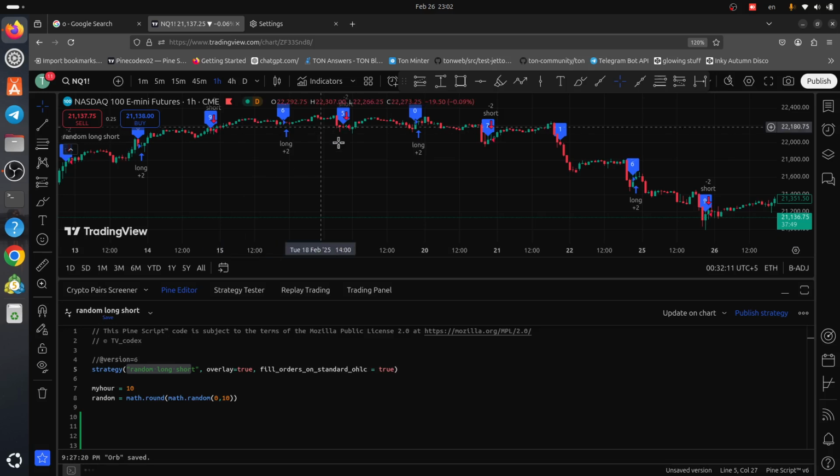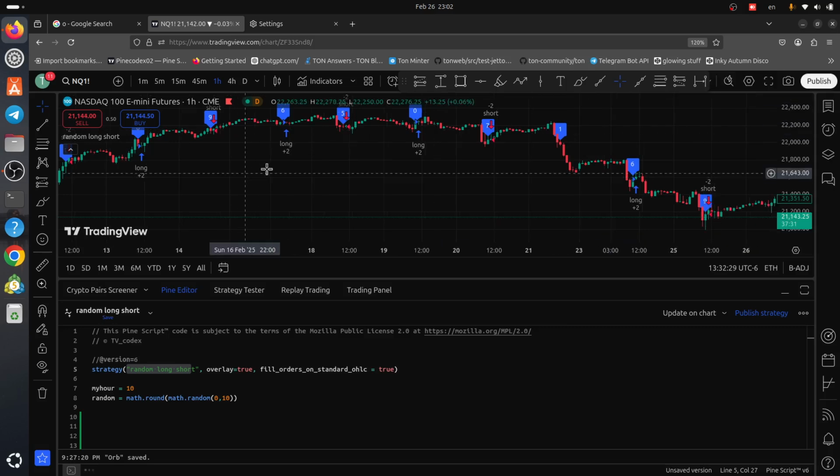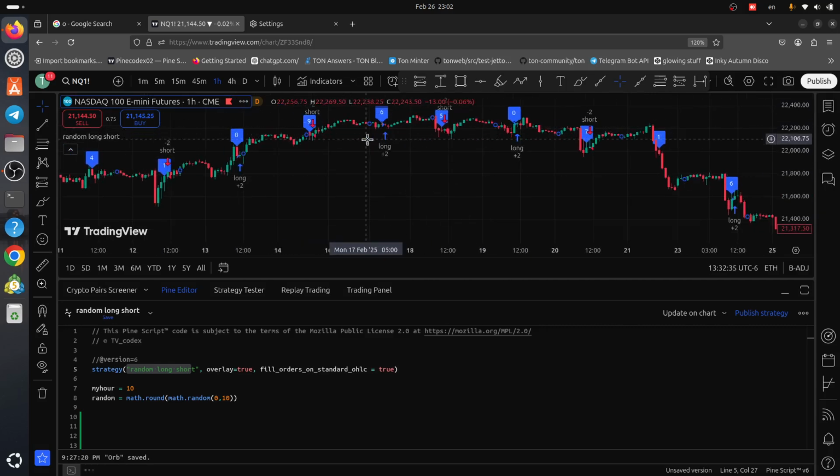If our number is odd, we have a short position on 11. Okay, on 11, if our number is even, we have a long position.